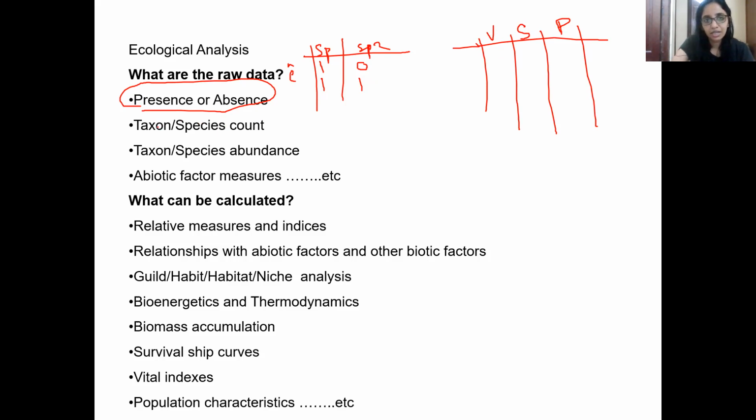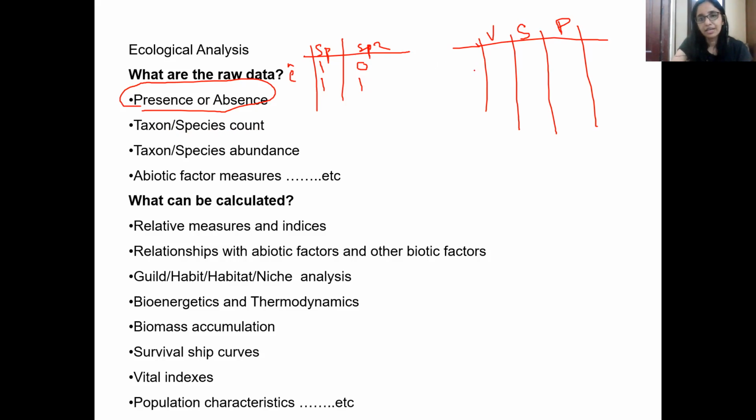Here we are just looking at the taxon count or the species count. We are not talking about how many individuals there are per species, but how many species there are.